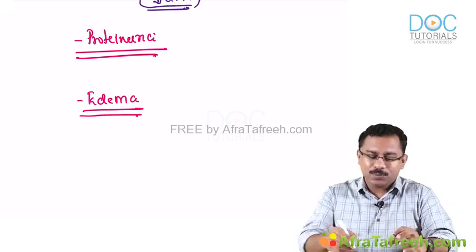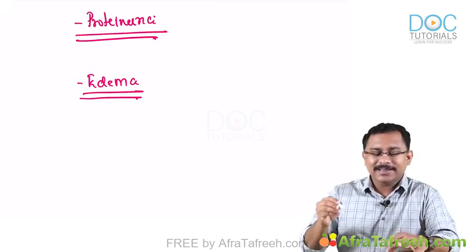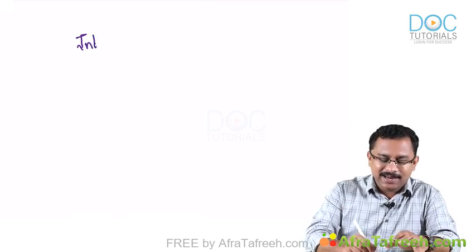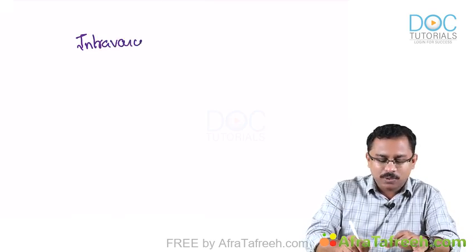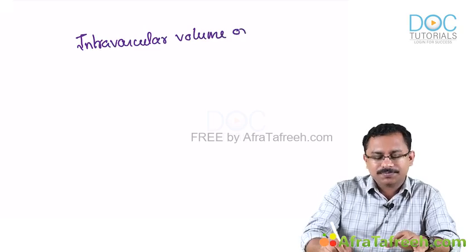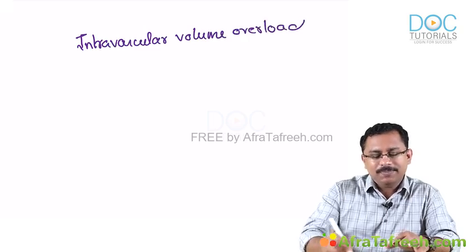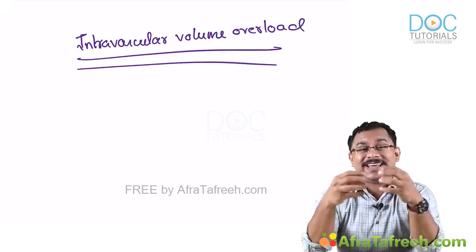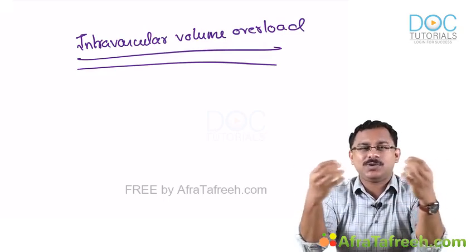But please understand one very important point, that in a nephritic picture you will have intravascular volume overload. Remember, in nephrotic syndrome, all the fluid was going to the extravascular space.